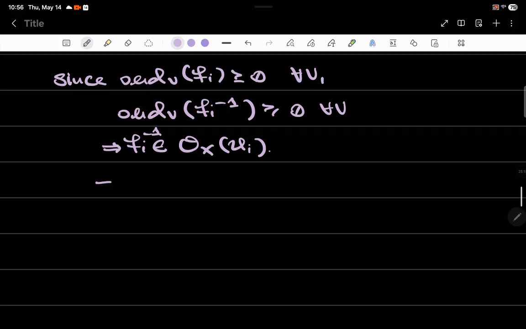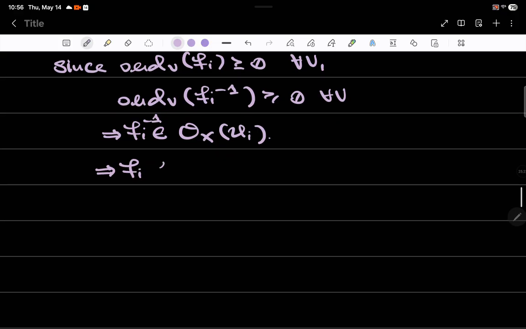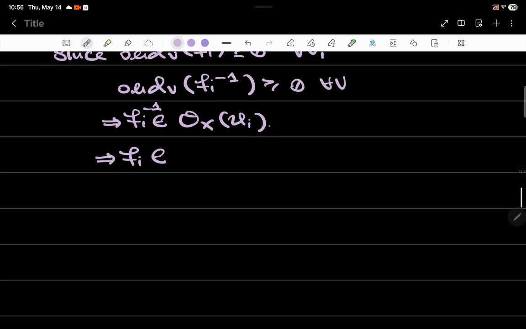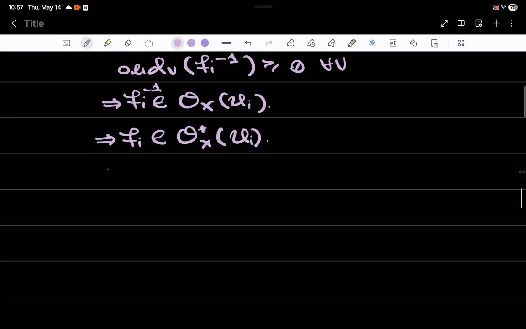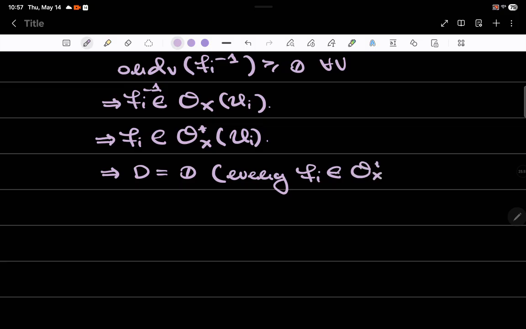And so this implies that because the inverse is a regular function, f_i is a nowhere zero regular function on U_i. So every local equation of D is a unit, which implies that D equals 0. Every f_i is a unit. Great, so this shows that the cycle map is injective.